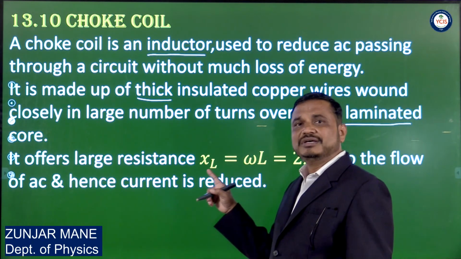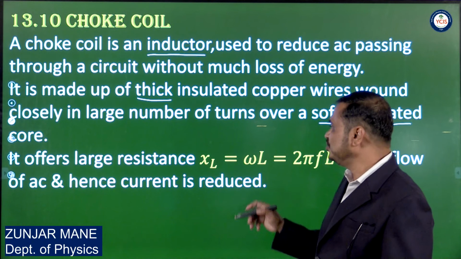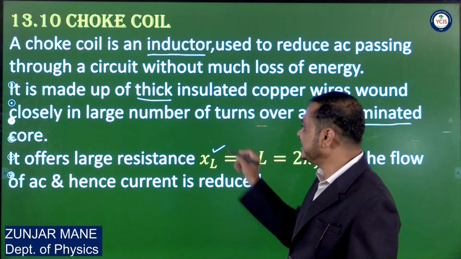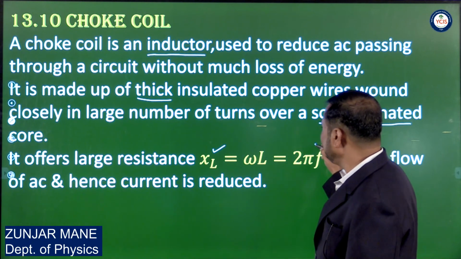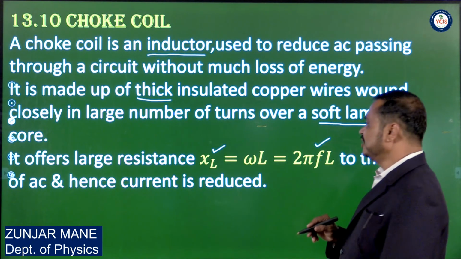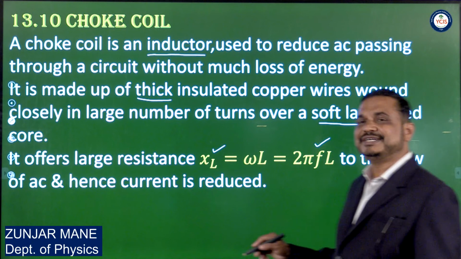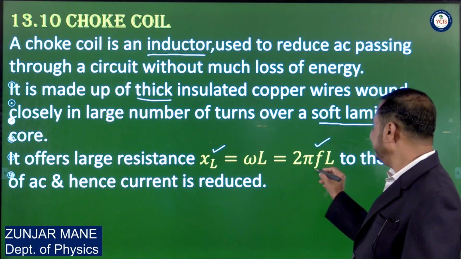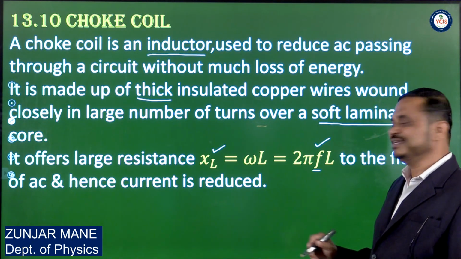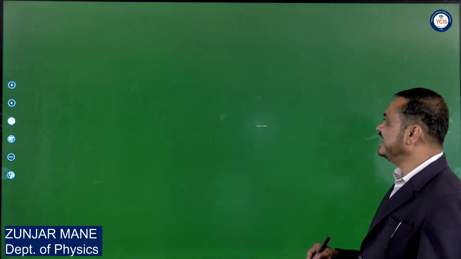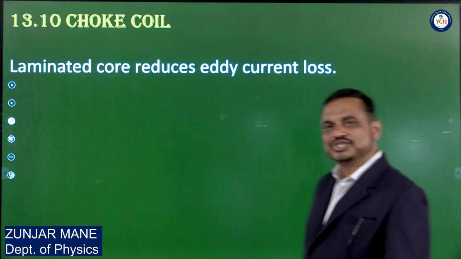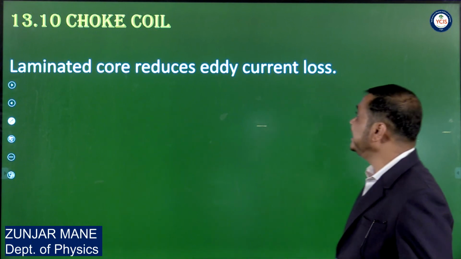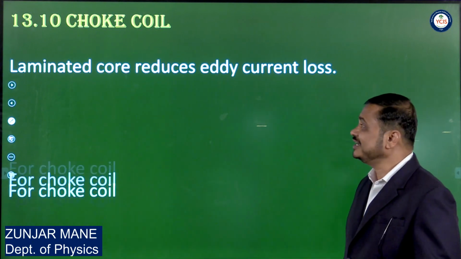So it offers resistance to the AC given by inductive reactance, XL equal to omega L, which is equal to 2 pi f L, to the flow of AC, hence it is reduced. For a high frequency of AC, this opposition must be large. In a choke coil, the laminated core reduces the eddy current loss.